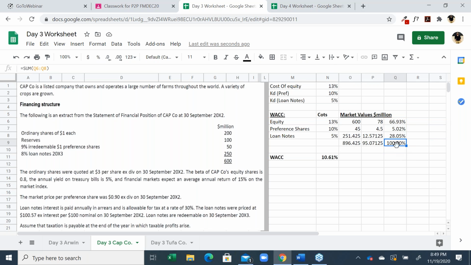So of the total capital invested, 66.93% is equity, 5.02% is preference shares, and 28.05% is the loan notes, right?